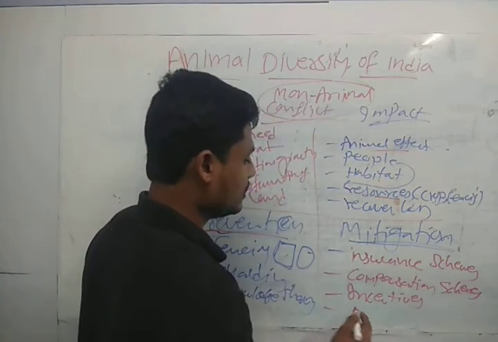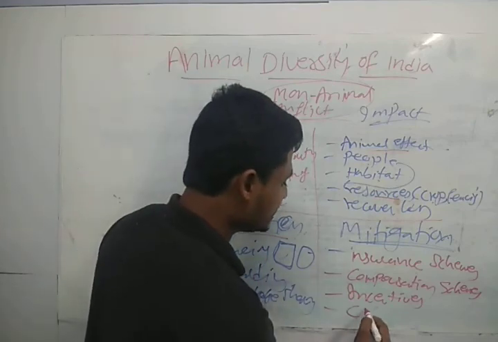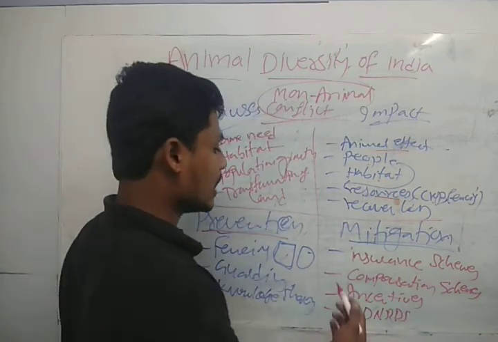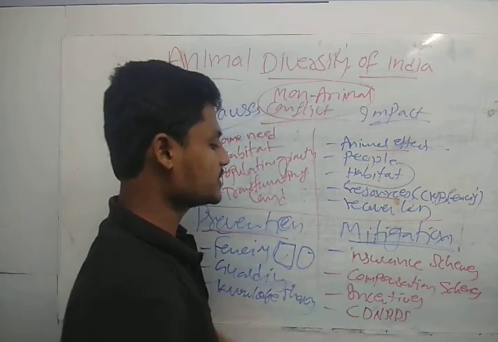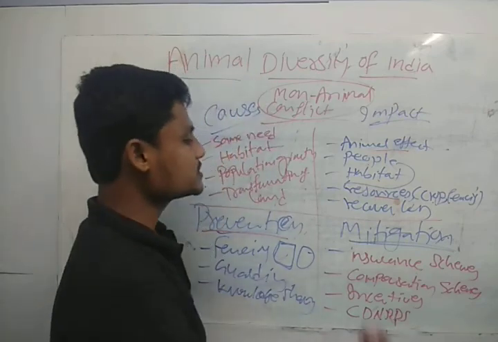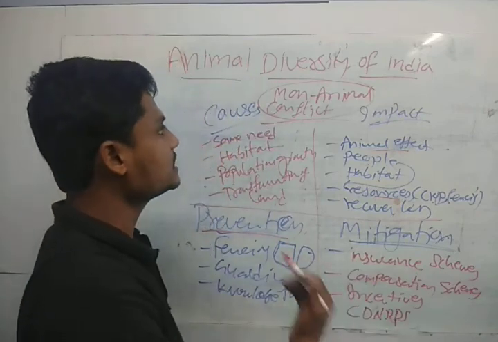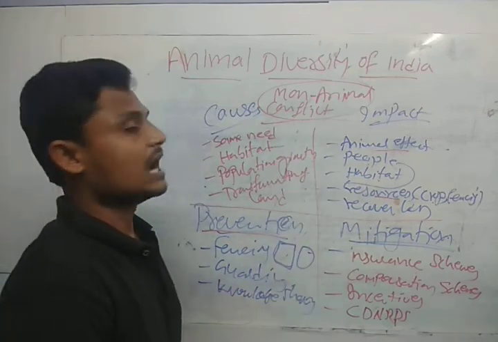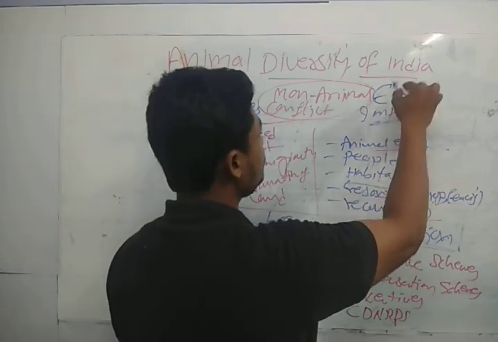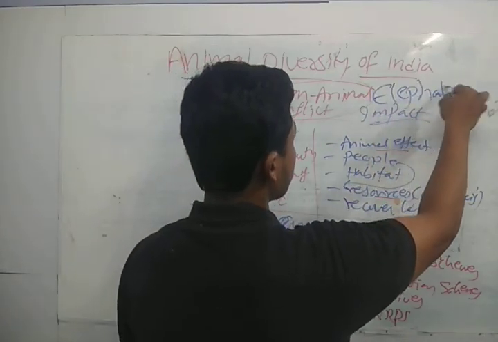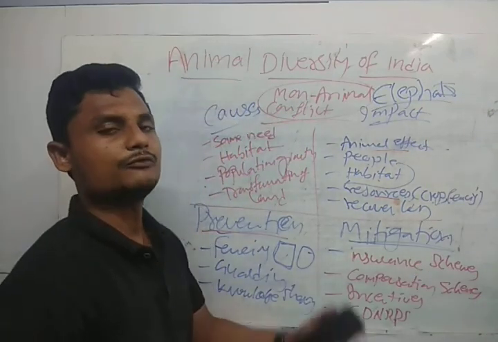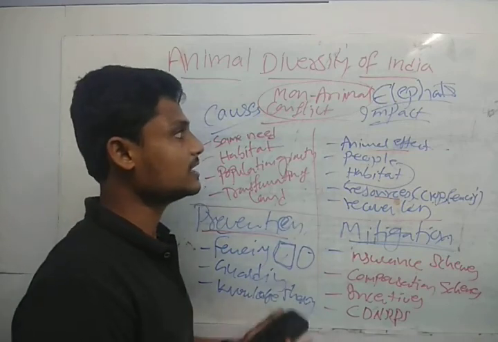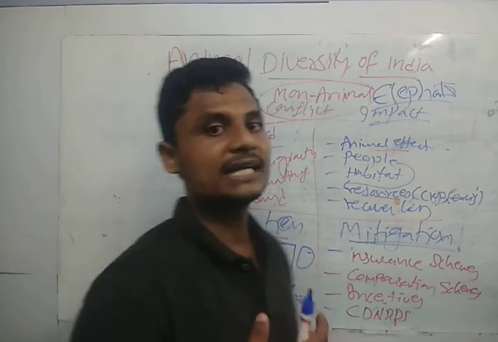After that we have community development and natural resources protection schemes. These are the mitigation measures that we can take so that we can avoid man-animal conflicts. This is a very, very important topic, guys. We always have man-animal conflict with elephants many times. Why? Because many elephants and other animals have died in train accidents and such things, guys. Okay, guys, with this we are done with the animal diversity of India.